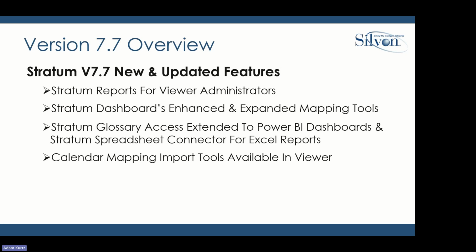From the view menu, you'll be able to export usage reports as well. So a lot of general reporting for the administrators. The dashboards have been enhanced. Some additional maps have been added so that you can do additional data mapping depending on what country you want to map out, such as Canada.